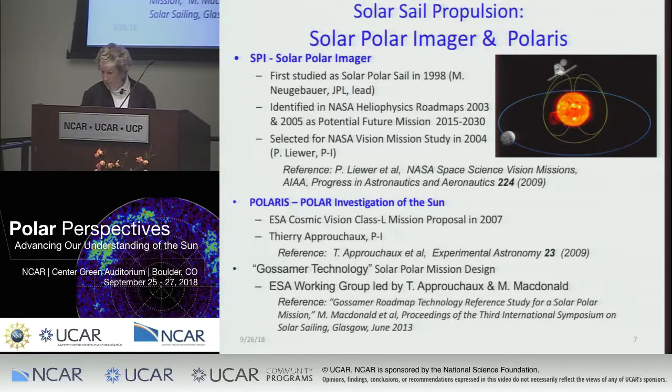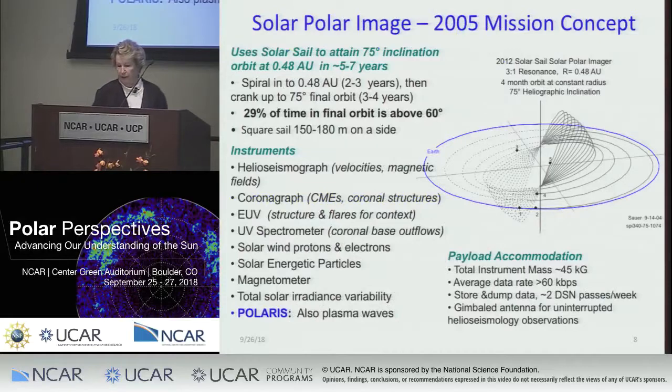So what is this mission? It uses a solar sail. First you spiral in closer to the sun, which increases the radiation pressure, staying in the ecliptic.